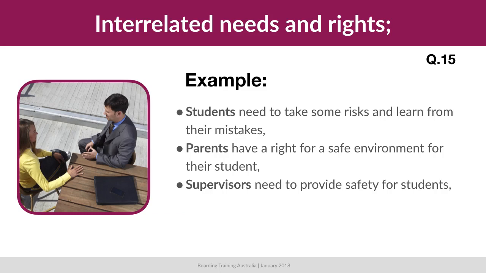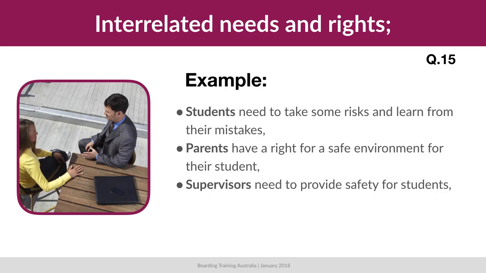In the boarding house, lots of needs are interrelated. The needs and rights are interrelated. For example, students need to take some sort of risks and learn from their mistakes, but parents have got the right to a safe environment for their young people. And supervisors need to provide safety for students. And supervisors have also got needs here as well.